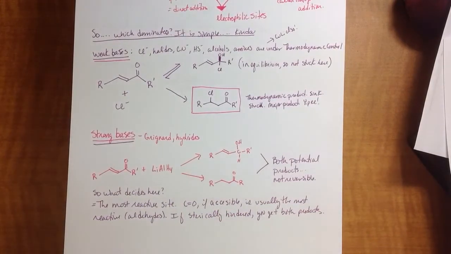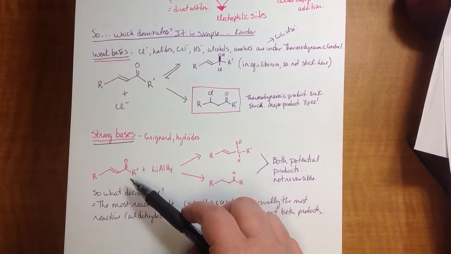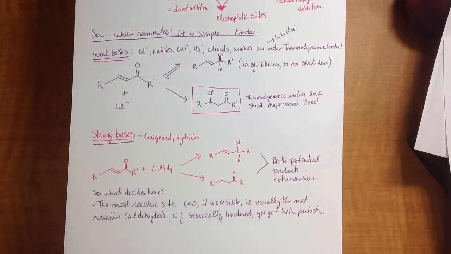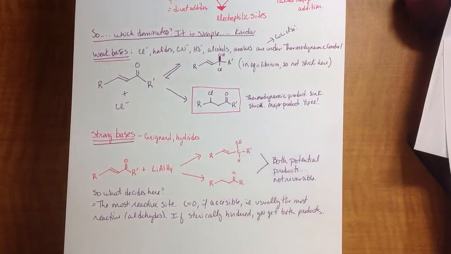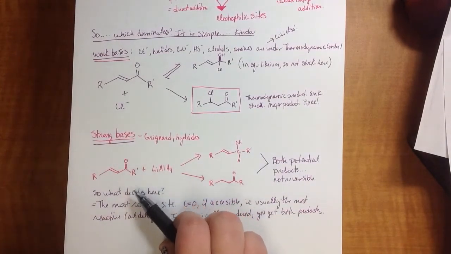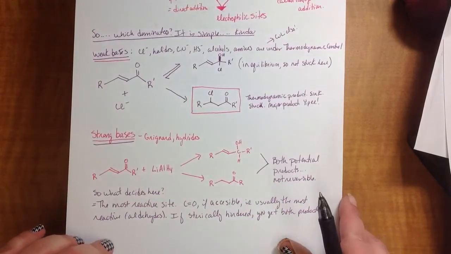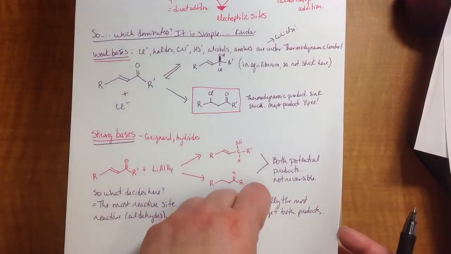So as long as this C=O bond is accessible, in other words, you don't have a huge tert-butyl group or something like that in this area, then this is going to be the vast majority of your product, especially if it's an aldehyde. If it's more sterically hindered, like a tert-butyl or something like that, you might end up getting both of those. So we try to avoid that in most of our synthesis and how we design things.